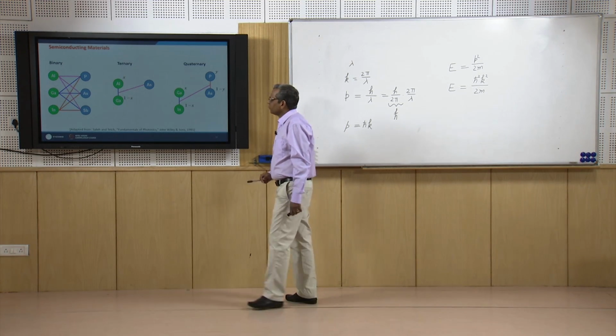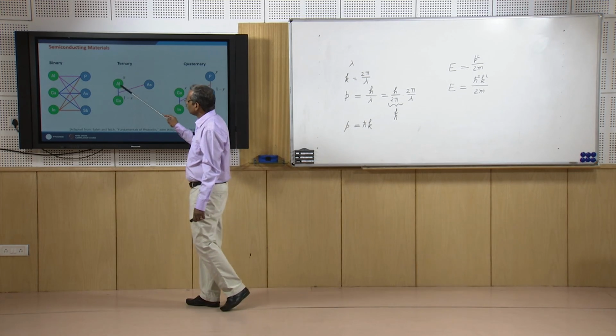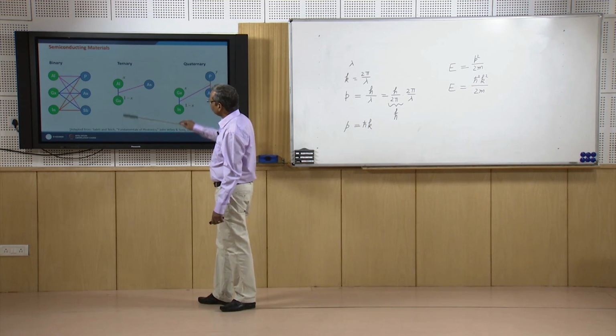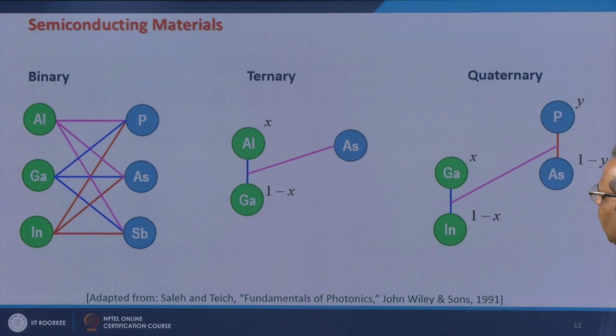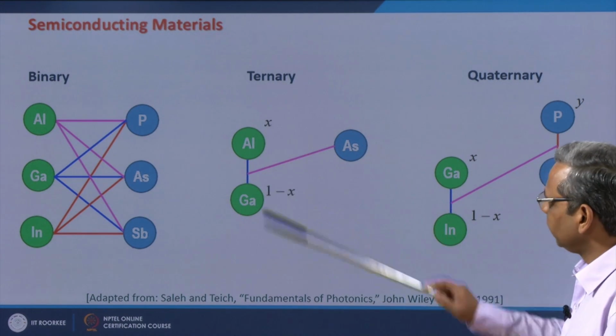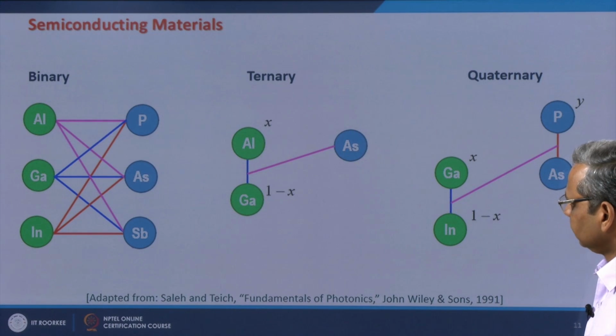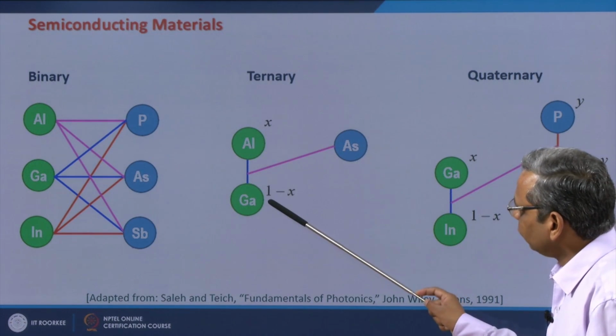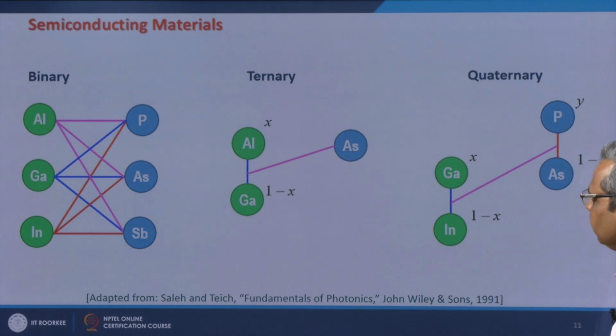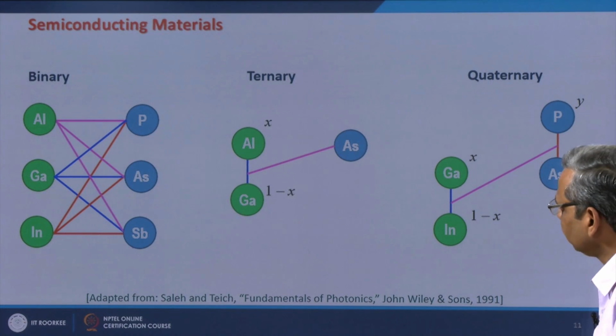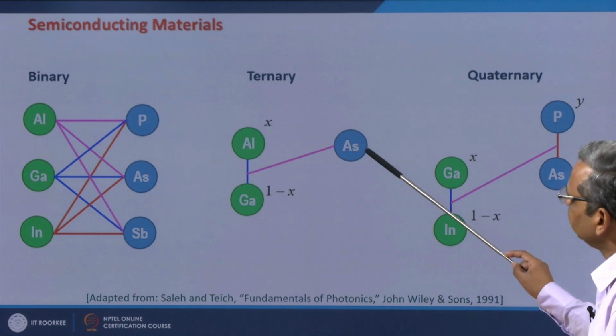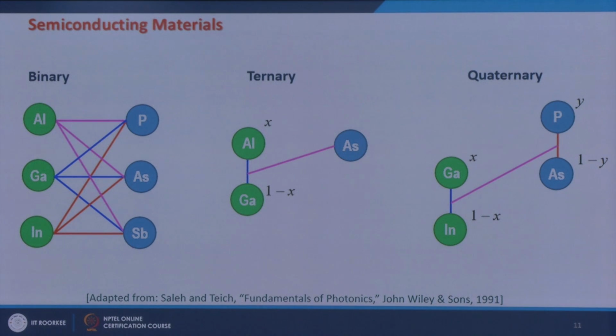I can also have two elements from the third group in different proportions and one from the fifth group. So, if x fraction of aluminum is combined with 1 minus x fraction of gallium from the third group and then with arsenic of the fifth group, I can make aluminum gallium arsenide.